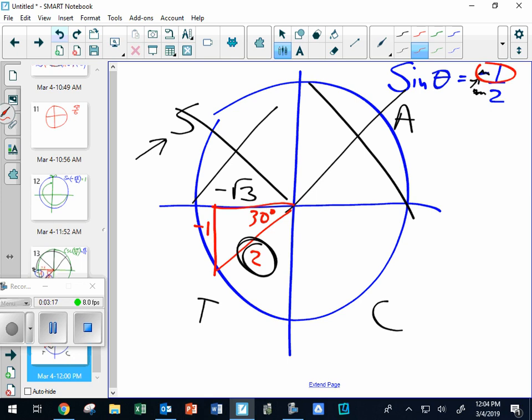Hint, pi over 3 is 60. What's 30? What is a 30 in radians? Pi over 6. That's 1/6 pi.